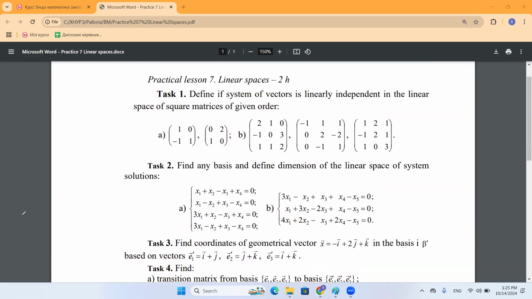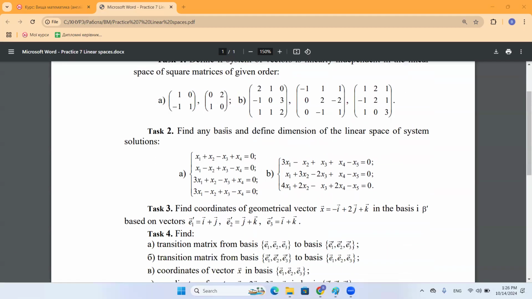We will have alpha 1, alpha 2, and alpha 3. Yeah, because we have 3 elements, so we will have to add these matrices multiplied by alpha 1, alpha 2, and alpha 3, and then compare it with the 0 matrix. Okay, so it will be your home task, and we will move to the next exercise.